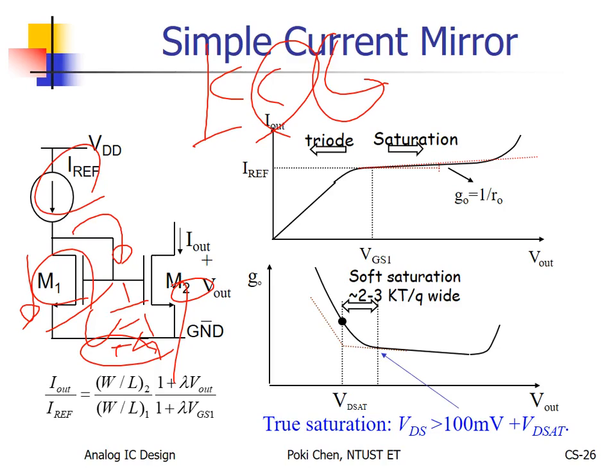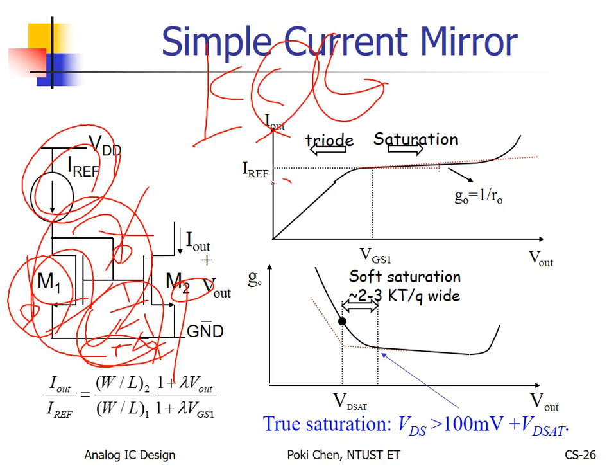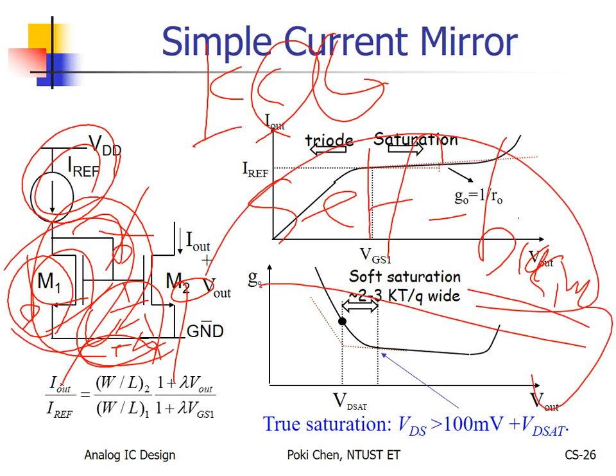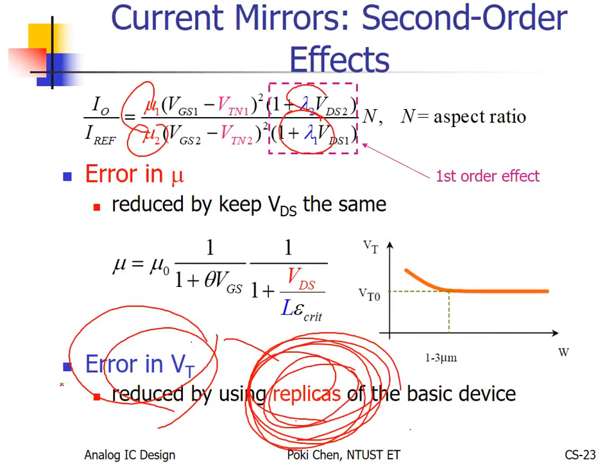After stabilization, no current will flow into this node, right? So it means the current will be exactly the same as I ref. That's it. It can fine-tune the bias voltage by itself. So we call it self-biasing. Okay, that is a really important idea for analog IC design. By what? Diode connection. If not, then somebody needs to do something.